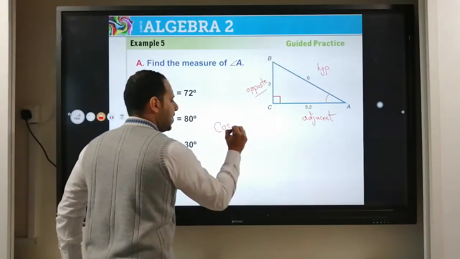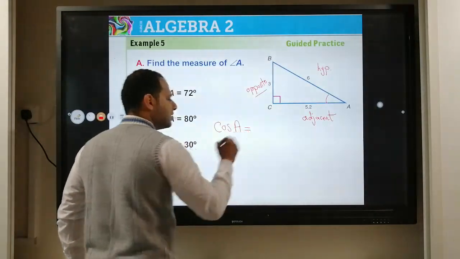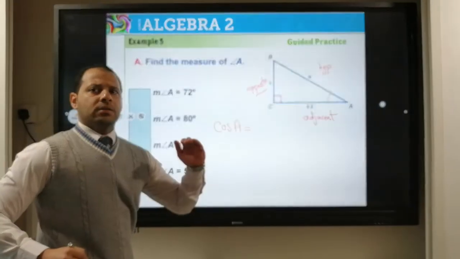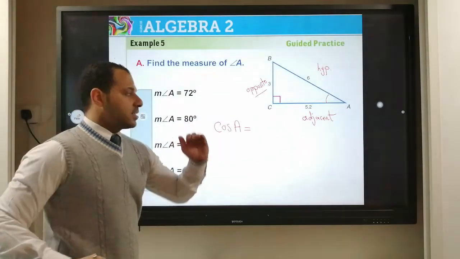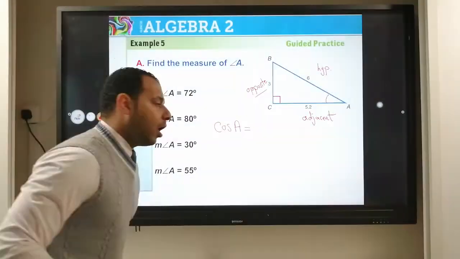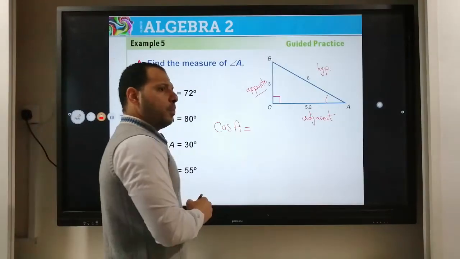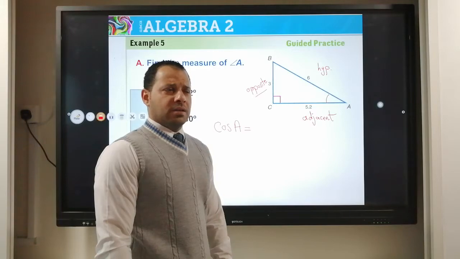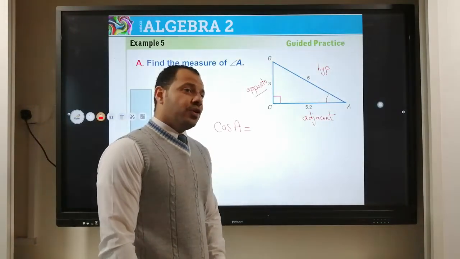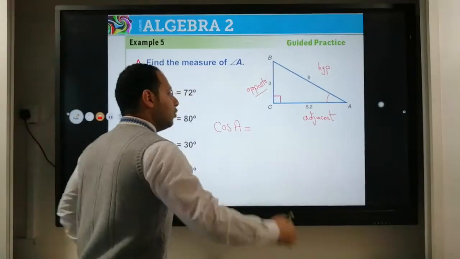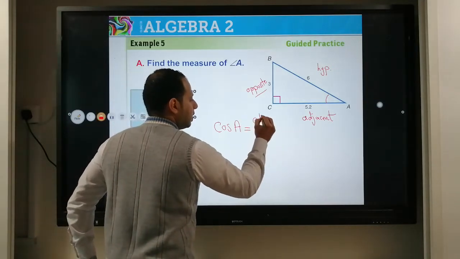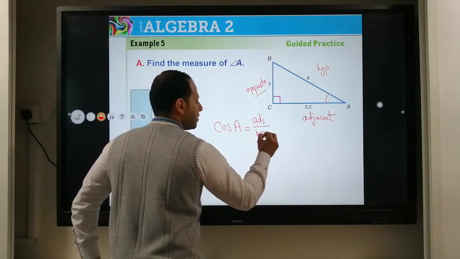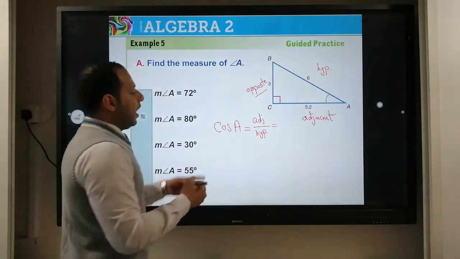So cosine A. Cosine, it means, yes, what over what? Adjacent over opposite? We don't have adjacent over opposite for cosine. Adjacent over hypotenuse, yes. Please pay attention to the rule.